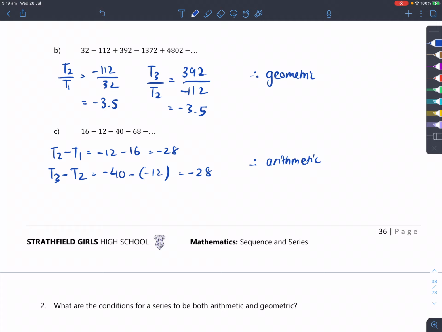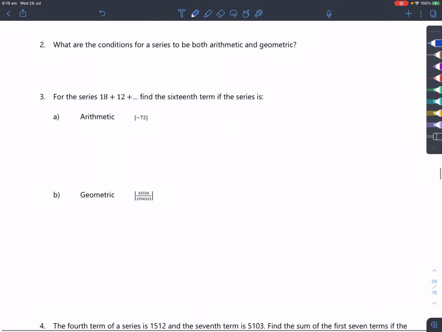All right, question 2. This is an interesting question. What are the conditions for a series to be both arithmetic and geometric? So that means that your difference equals your ratio. The only time when this happens is when you have the same number. So let's just say, for example, 2, 2, 2, and so on. Okay? If I work out what the difference is, the difference is going to be 0.